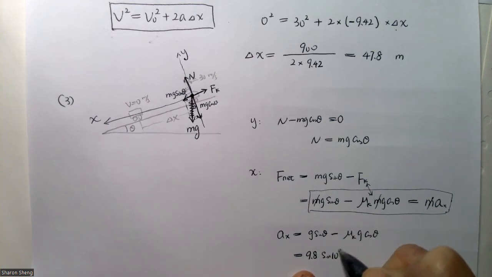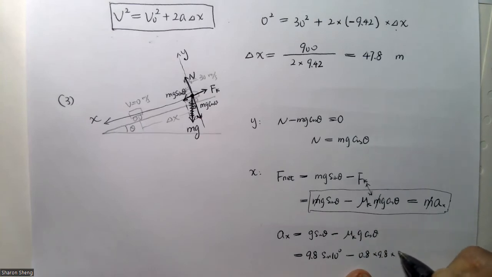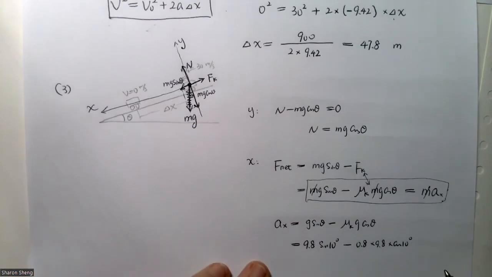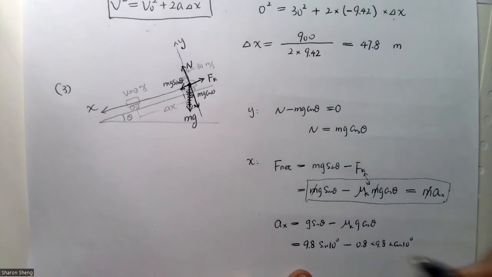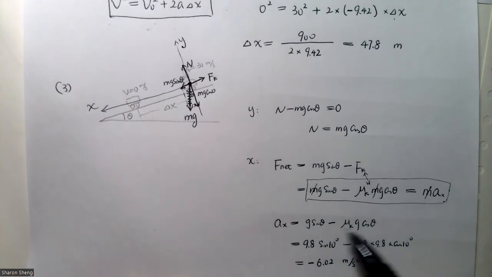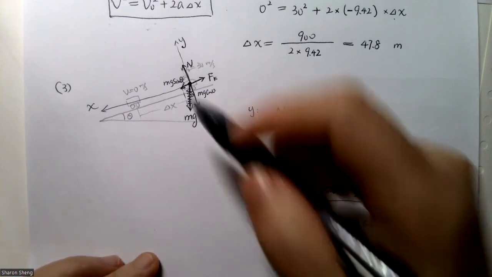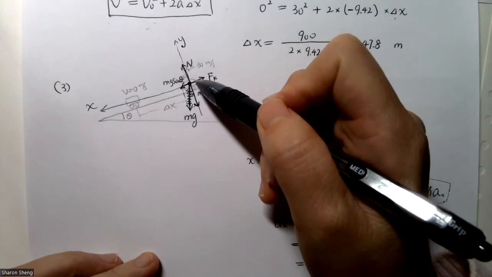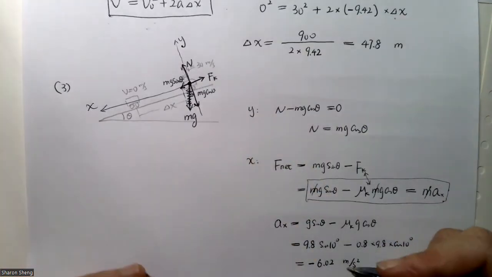Sine 10 degrees, minus 0.8 times 9.8 times cosine 10 degrees. After I do the calculation, I found ax equals negative 6.02 meters per second squared. If you use your calculator, you'll get a negative number. Negative means the actual acceleration will be along the slope pointing upward. It slows down the car.